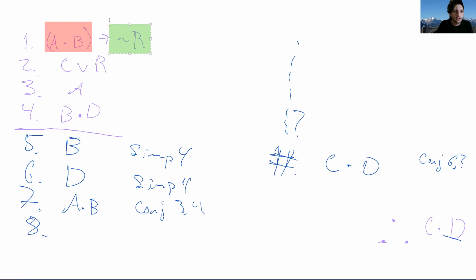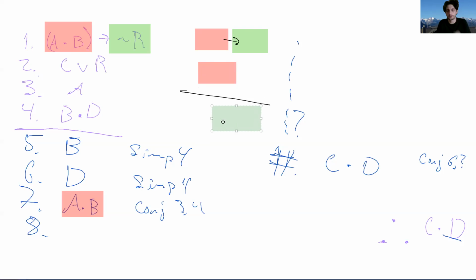And then you come down here and you see, oh shoot, I actually do have that left side. So modus ponens, right? Modus ponens just says, if you have this, if this leads to that, that's modus ponens right there.